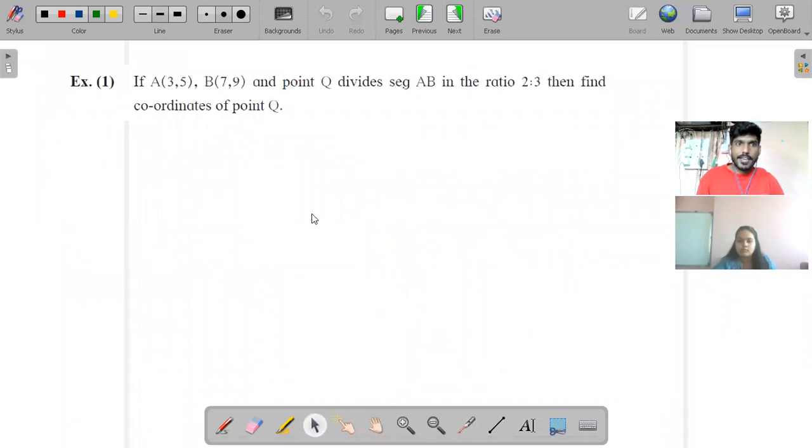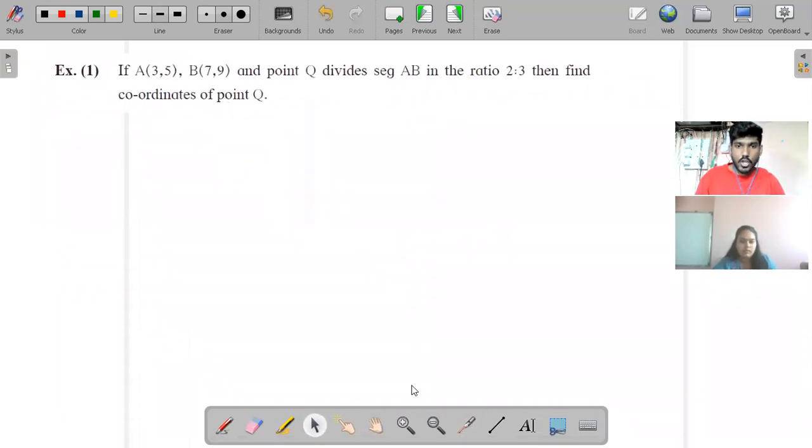So if A has coordinates 3, 5 and B has coordinates 7, 9 and point Q divides segment AB in the ratio 2:3, then find the coordinates of point Q. First let us try to picturize what is happening.